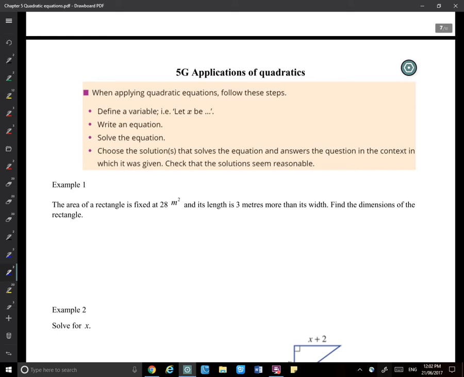Example 1: the area of a rectangle is fixed at 28 meters squared and its length is 3 meters more than its width. Find the dimensions of the rectangle. So you have a fixed area and your length is always 3 meters longer than your width. Okay, so what should be x in this case?